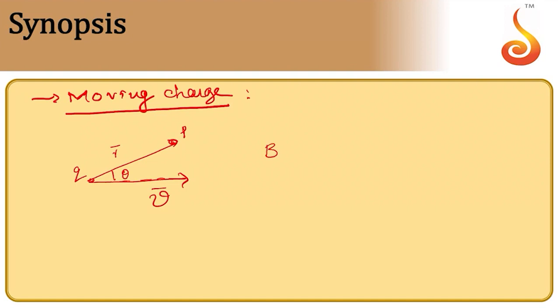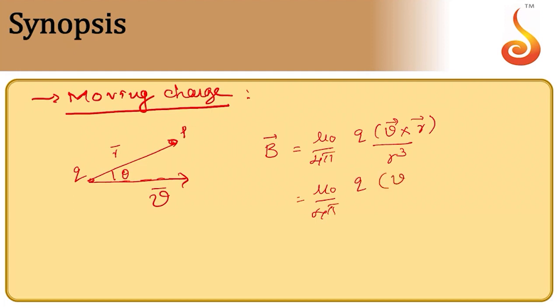The magnetic field due to this is given by mu naught by 4 pi q into v cross r divided by r cube, or we write it as mu naught by 4 pi q v cross r cap divided by r square.